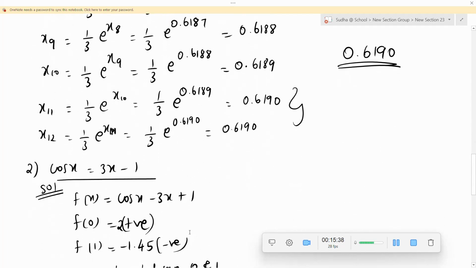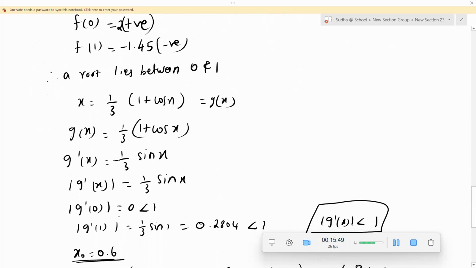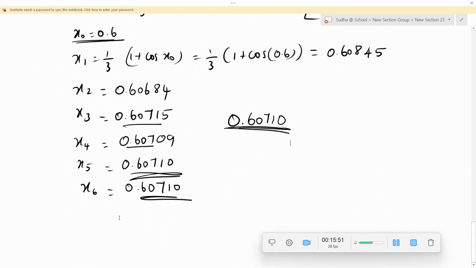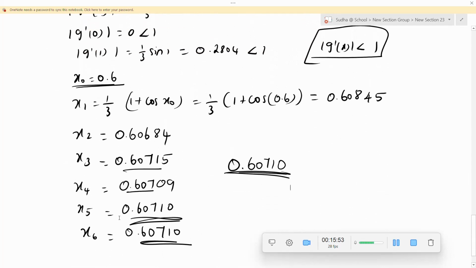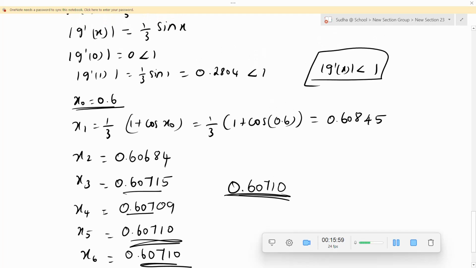So here x11 and x12 exact 4 decimals are repeated, so hence the root is 0.6190. Similarly, you can solve the second problem, then we'll get the answer 0.60710. Thank you, students.